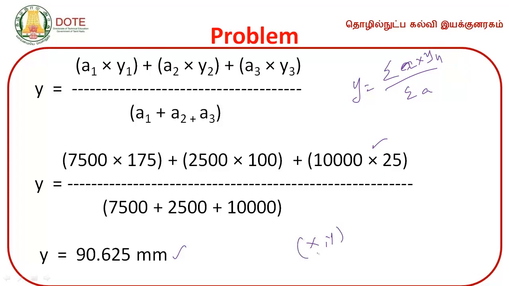Centroid distance can be easily calculated by the formula sum of the product of area into reference distance for all the sections divided by sum of area. Position of centroid for the entire section.